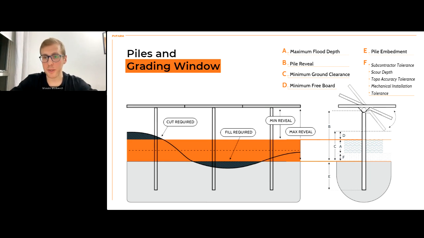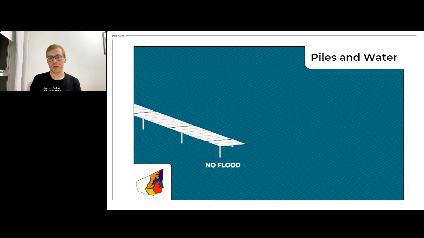But there also might be subcontractor tolerance or scour depth, or some top accuracy tolerance, or some mechanical installation tolerance, right? All those things stack together and create the total grading window, and then essentially it affects the pile length.